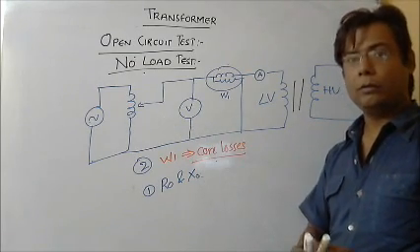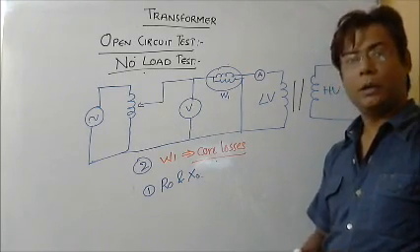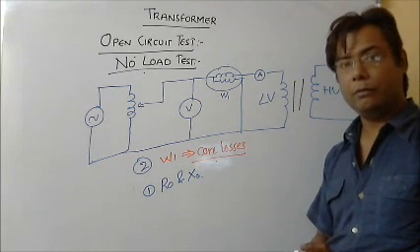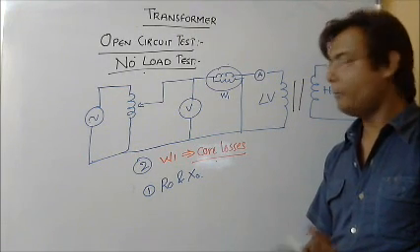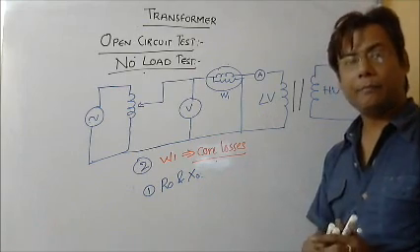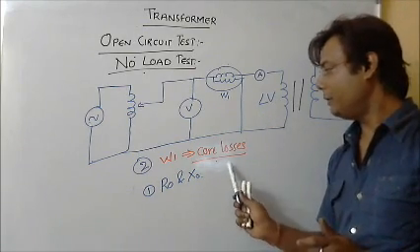Since the current is very low, 2 to 6% of the full load current, we will neglect the copper losses and continue with the core losses only.